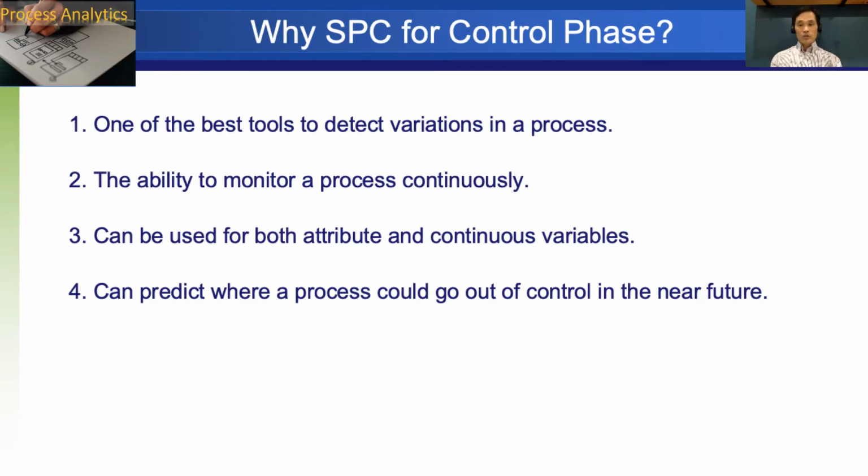It's very useful. Second, once the system is in place, statistical process control can continue to monitor a process. It visualizes a process and people can see what is happening with the process. Third, statistical process control charts can be used for a variety of variables, including attribute variables.